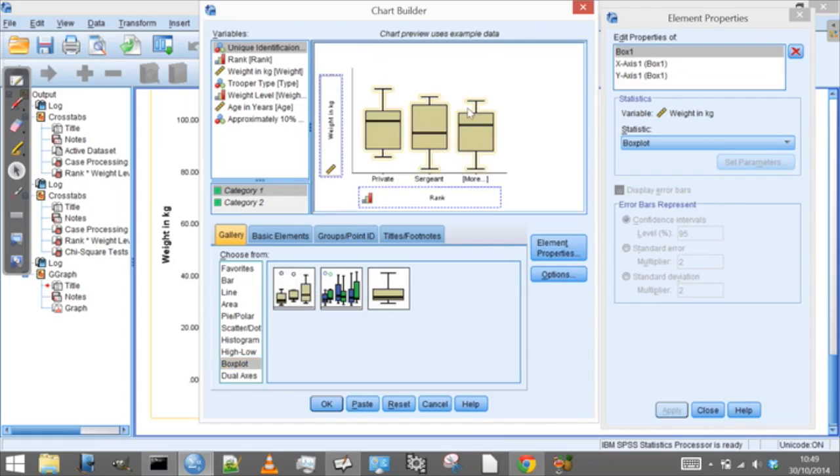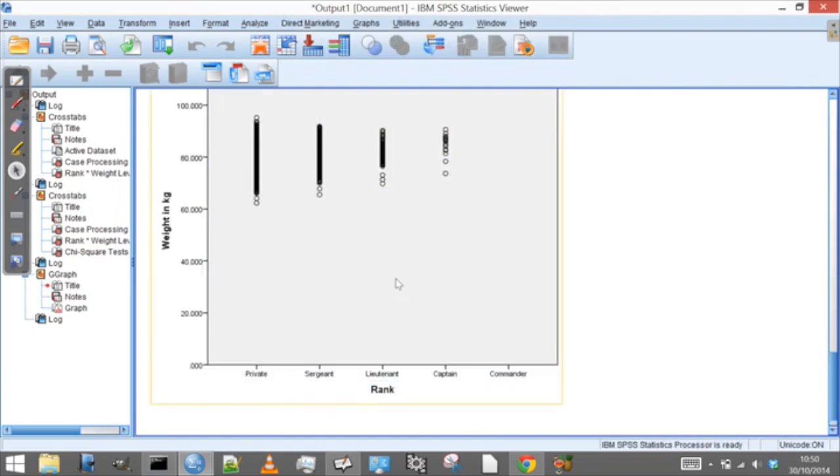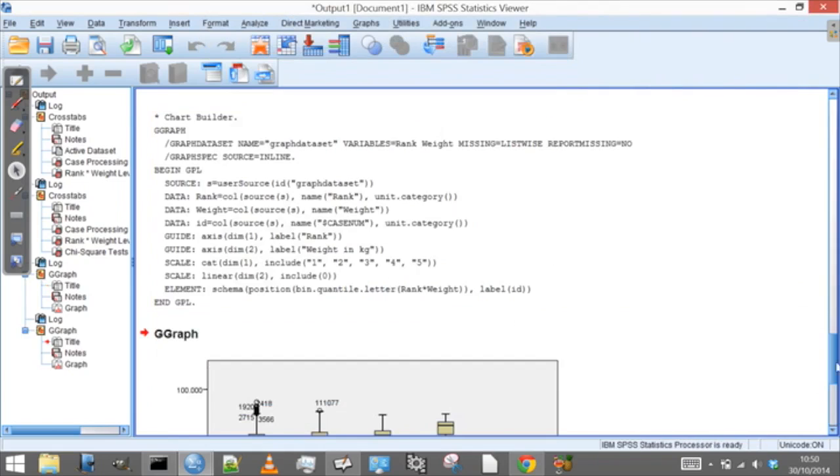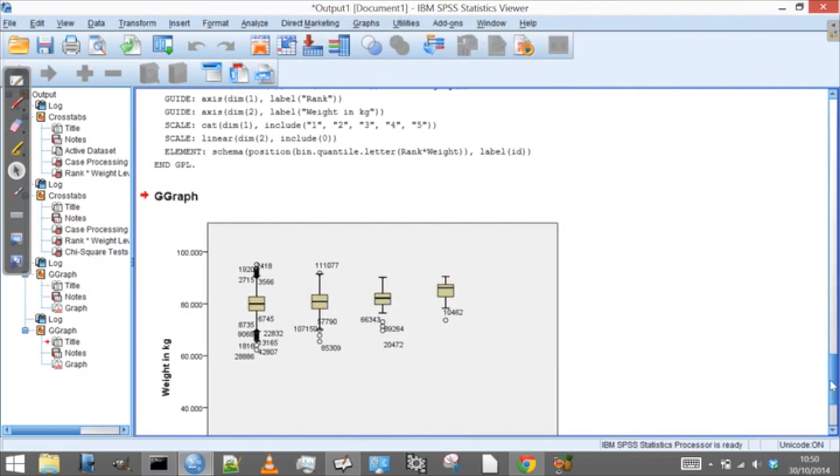I'm going to drag that back up there, and it has maintained rank on the x-axis and weight on the y-axis. If they're not there for you, then just pull them over from this variables box on the left-hand side. And then when you press OK, you should see something that looks like that.